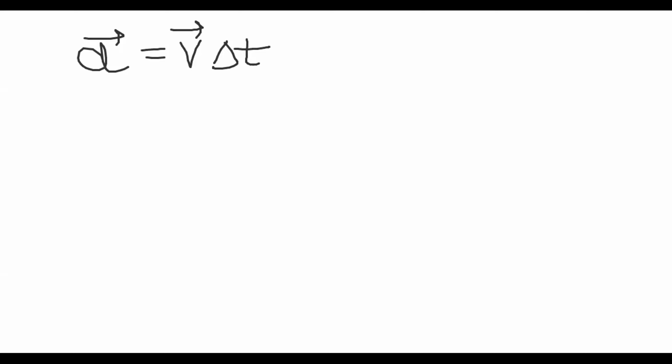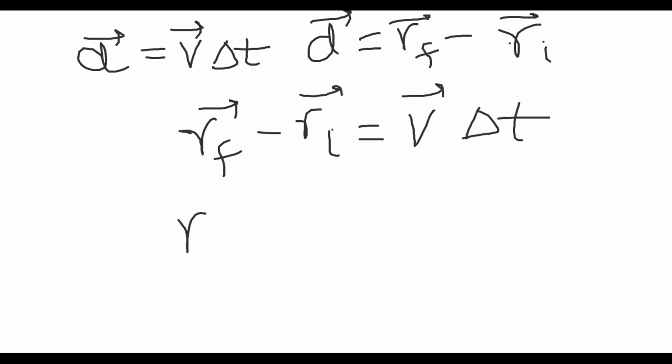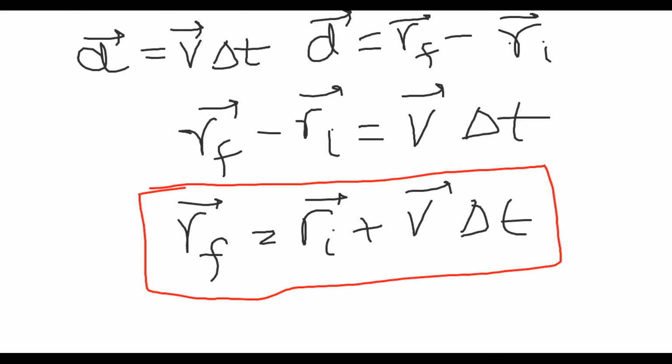So since D is equal to RF minus RI, therefore we get RF minus RI is equal to V delta T, or RF is equal to RI plus V into delta T. This then would be the vector equivalent of the equation speed is equal to distance upon time, or distance is equal to speed into time, right?